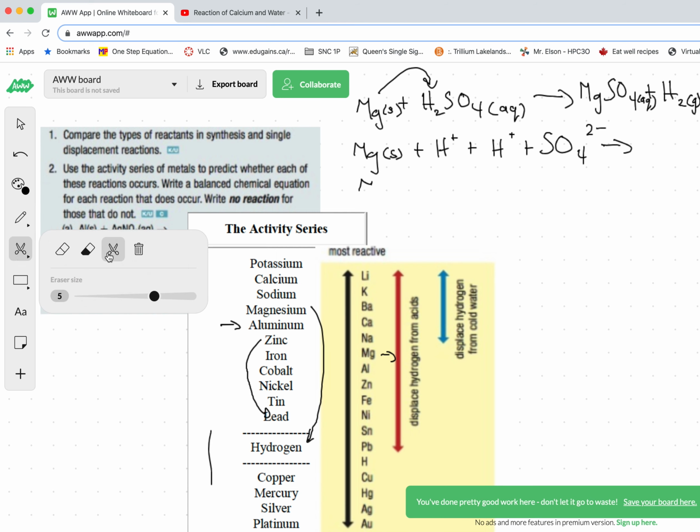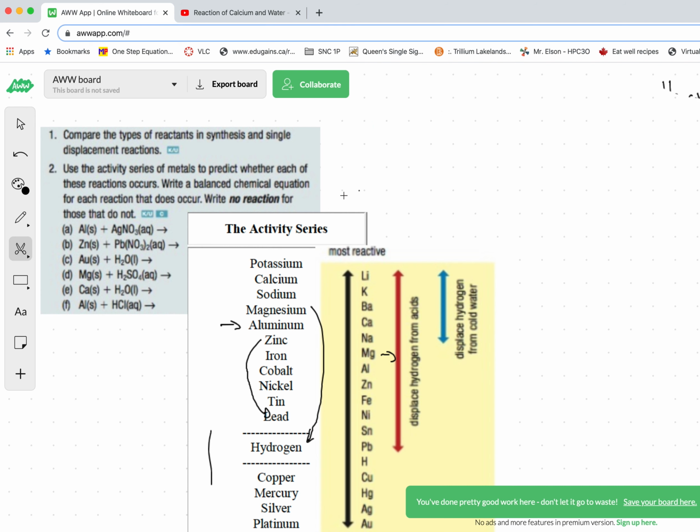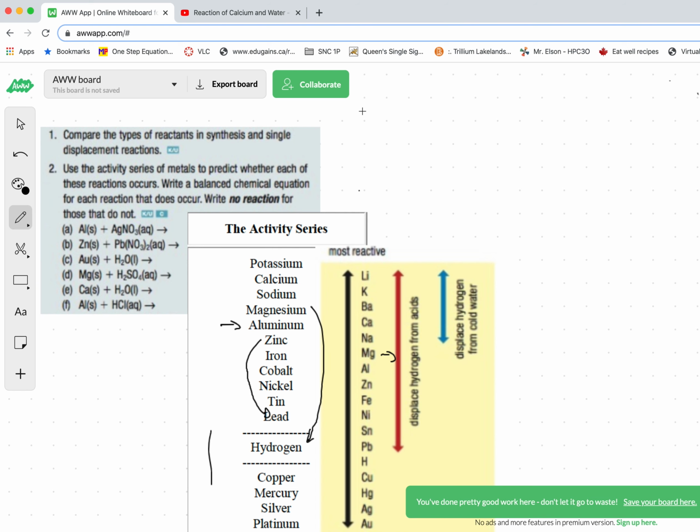So then the next one, as I mentioned, involves calcium and water. And as you can see in the blue arrow, it says calcium displaces hydrogen from cold water. And it actually forms calcium hydroxide and hydrogen gas.